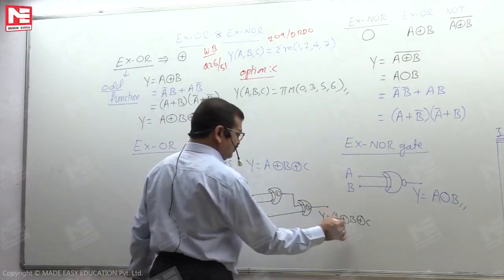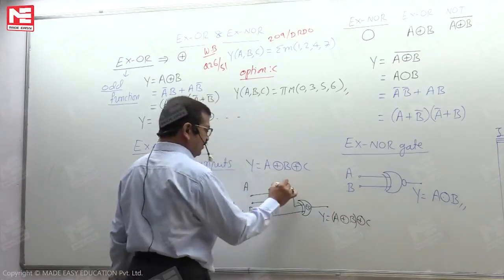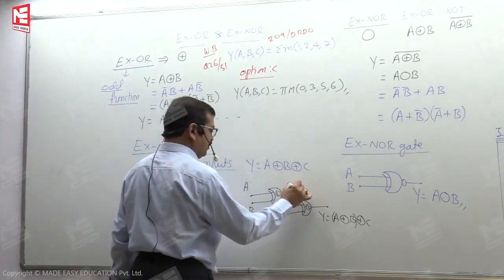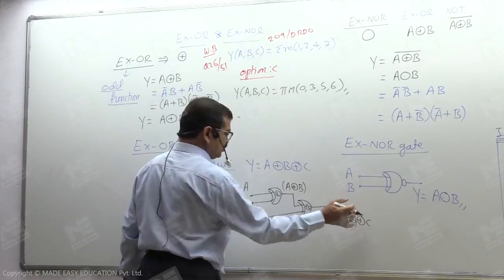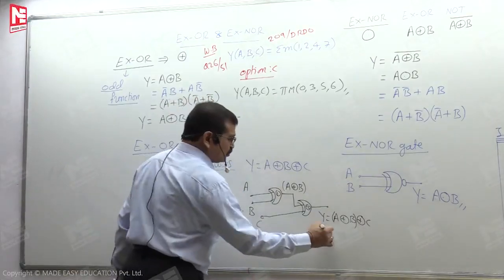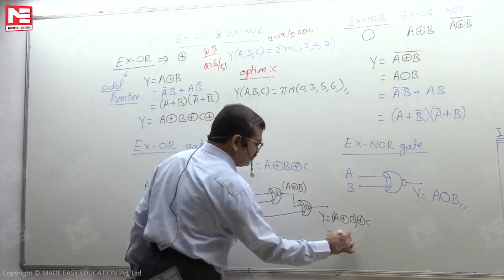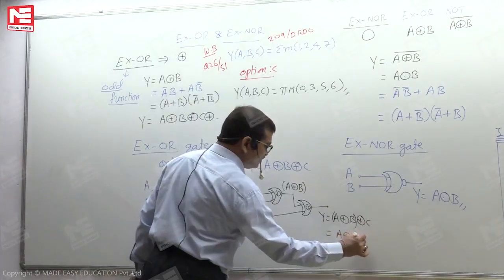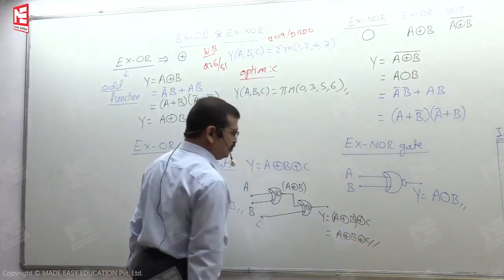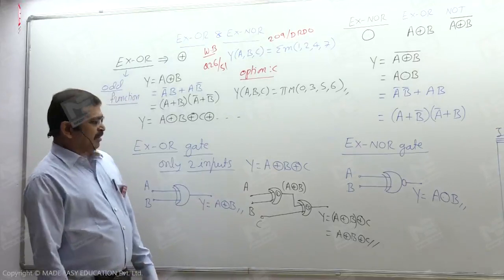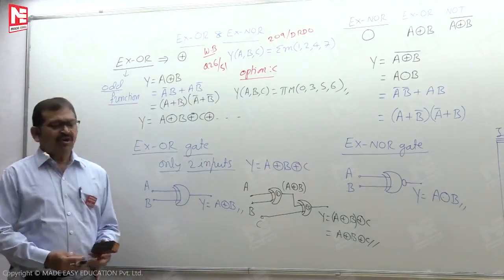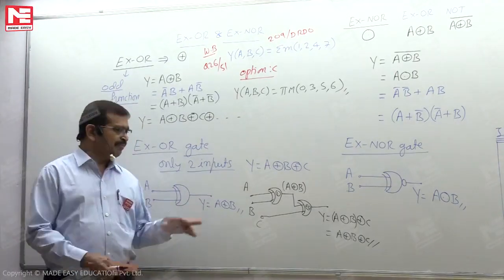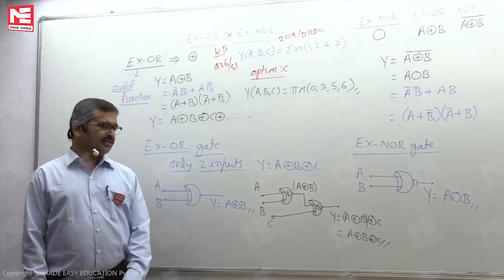In fact, it can be read as (A exclusive or B) exclusive or C. But associativity is valid on the exclusive OR operation, so it is A exclusive or B exclusive or C. Hence, if you want XOR operation on more than 2 variables, we connect like this.